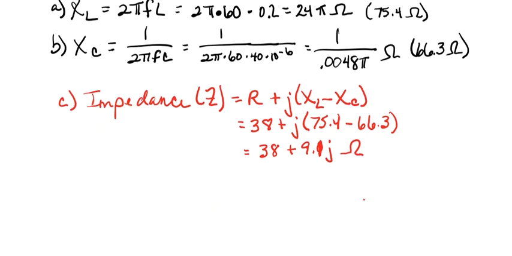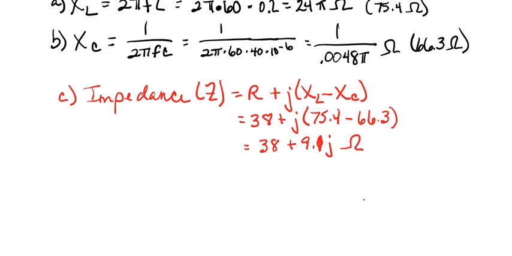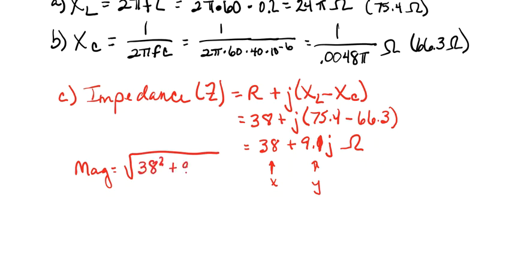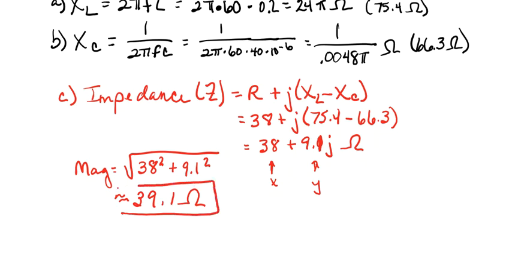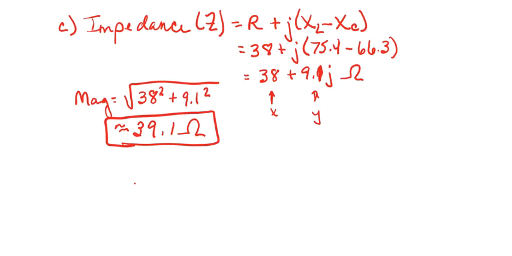Now, if I'm actually looking for the impedance, it's the magnitude, so this is not our answer. This is our X, and this is our Y, and so I have to plug this into my magnitude formula, which remember was the square root of 38 squared plus 9.1 squared. And I end up with approximately 39.1 ohms. So that is my impedance.